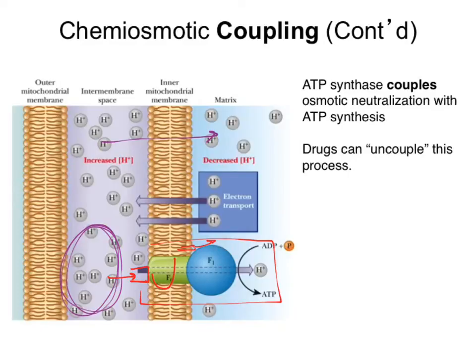We can use that rotation to generate energy, much the same way our hydroelectric dam systems work at human scales. That causes a rotation to happen in this F1 system, which then forces ATP to be synthesized by bringing phosphate and ADP close enough to each other where they're now in the proper alignment to react. They just don't have the proper energy. And then that F1 system grabs them and forces them next to each other, forcing the bond to form.